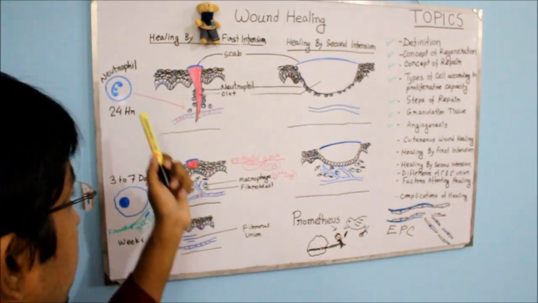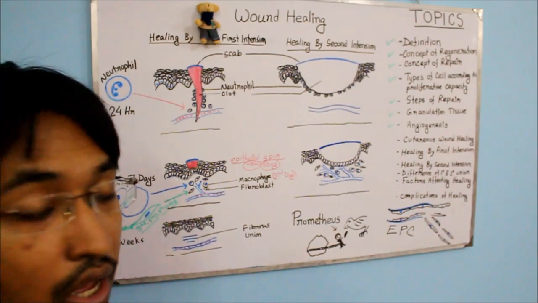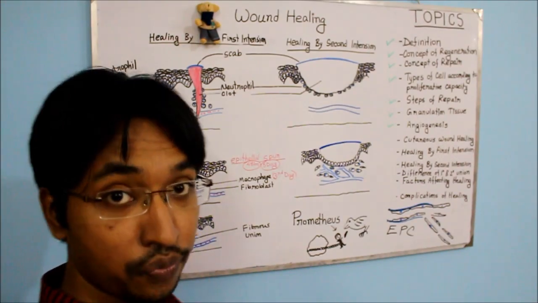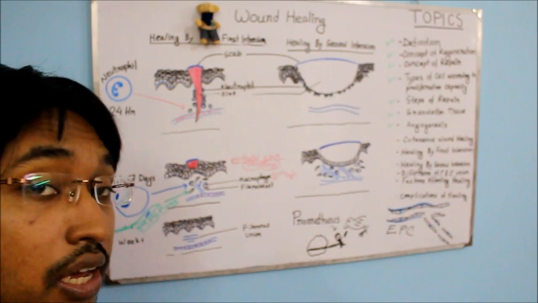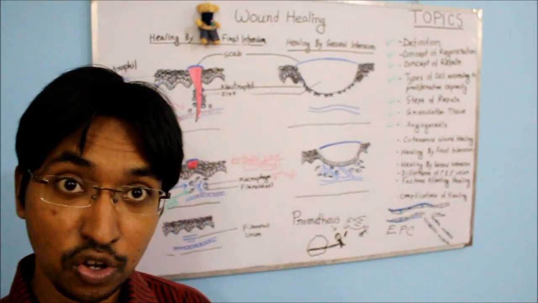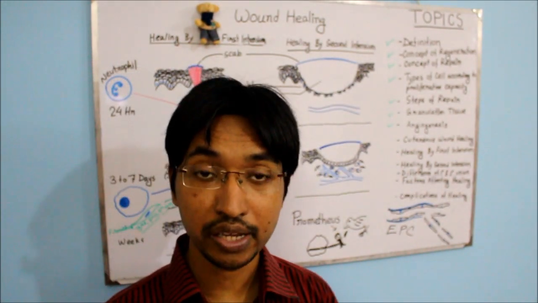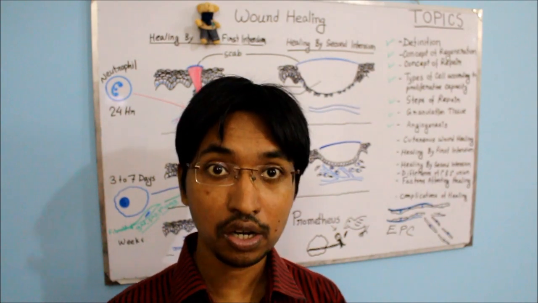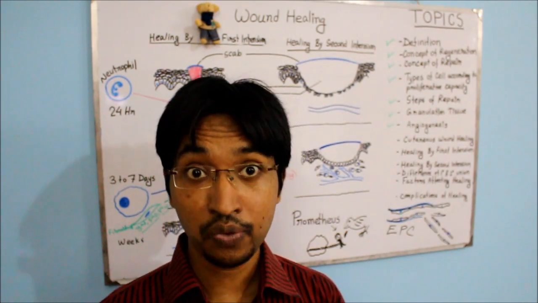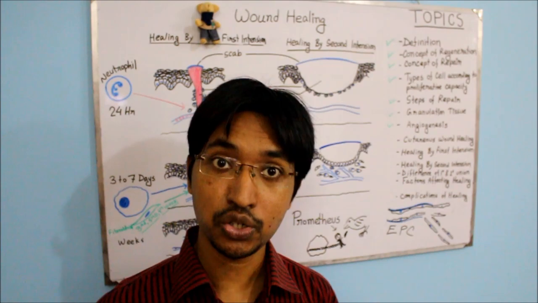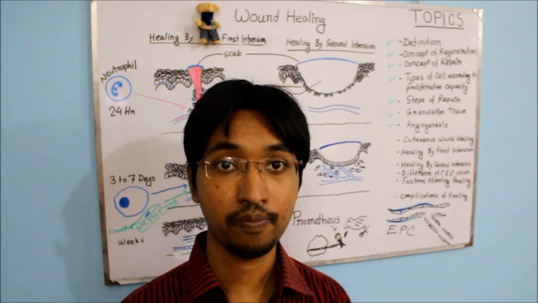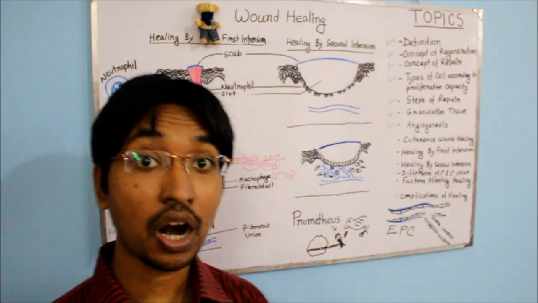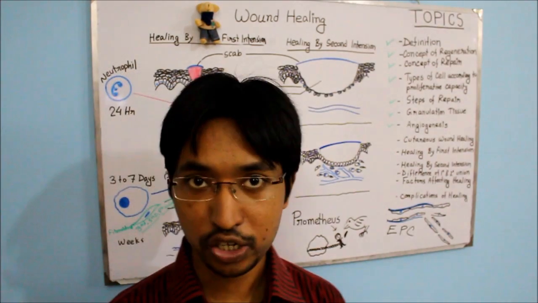In the first phase we had neutrophils, in the second phase we had macrophages, but they are now gone. During the phase of maturation, the majority of the inflammatory infiltrates are gone. The blood vessel proliferation that we had seen in the first phase is also gone. And there is formation of scar tissue in the phase of maturation.